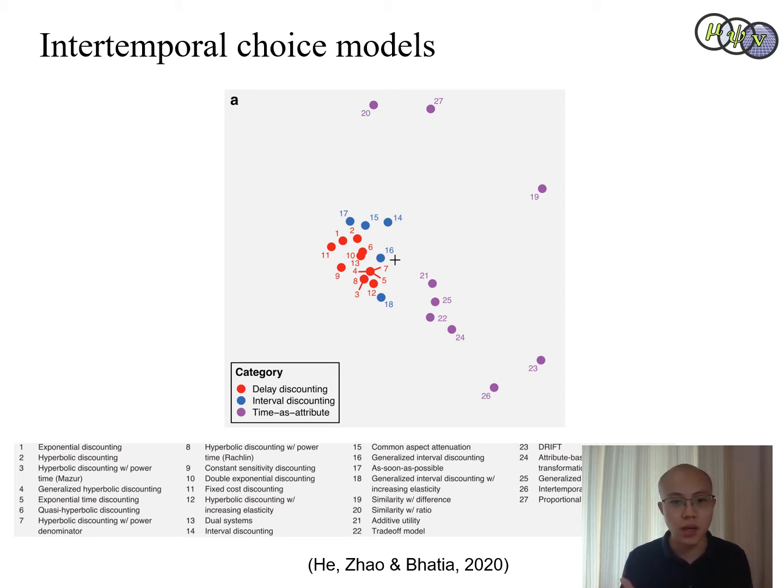Time as attribute models, by contrast, are distant from the discounting models, first of all. And some of them are dissimilar to each other too. For example, model 27 is pretty dissimilar to model 26. This is from the behavior side. A lot of researchers have proposed these intertemporal choice models, and we will get back to this page later on.